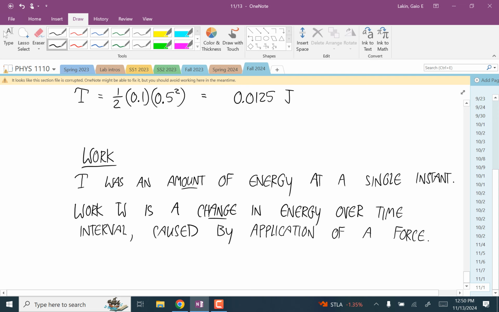Okay, so let's think about what we know about kinetic energy. The faster a thing is going, the more kinetic energy it has. Does it make sense that applying a force to an object can change its kinetic energy? It does, because applying forces to things makes them accelerate, and accelerations can make the speed change.